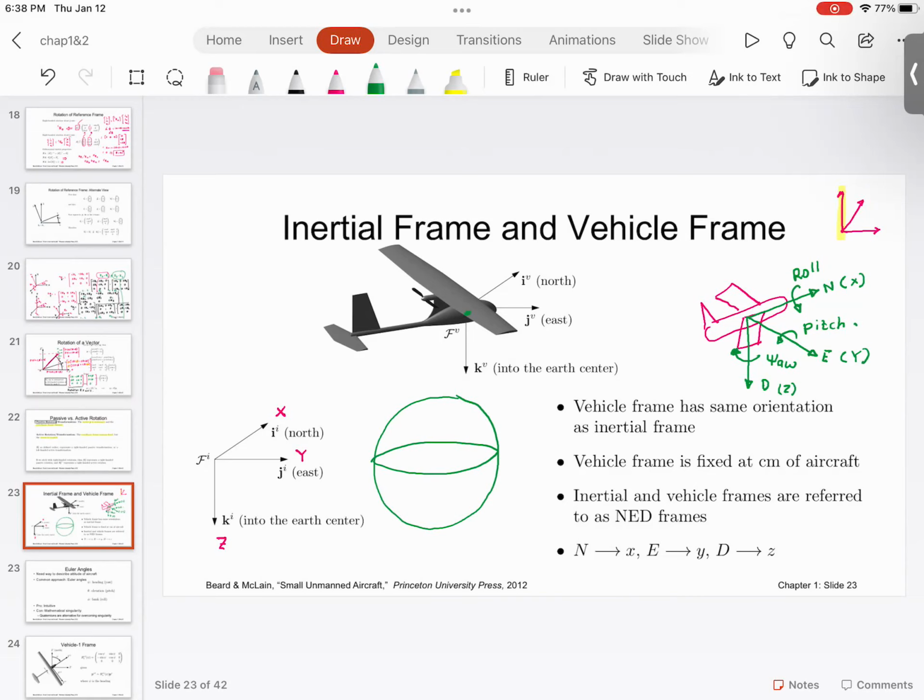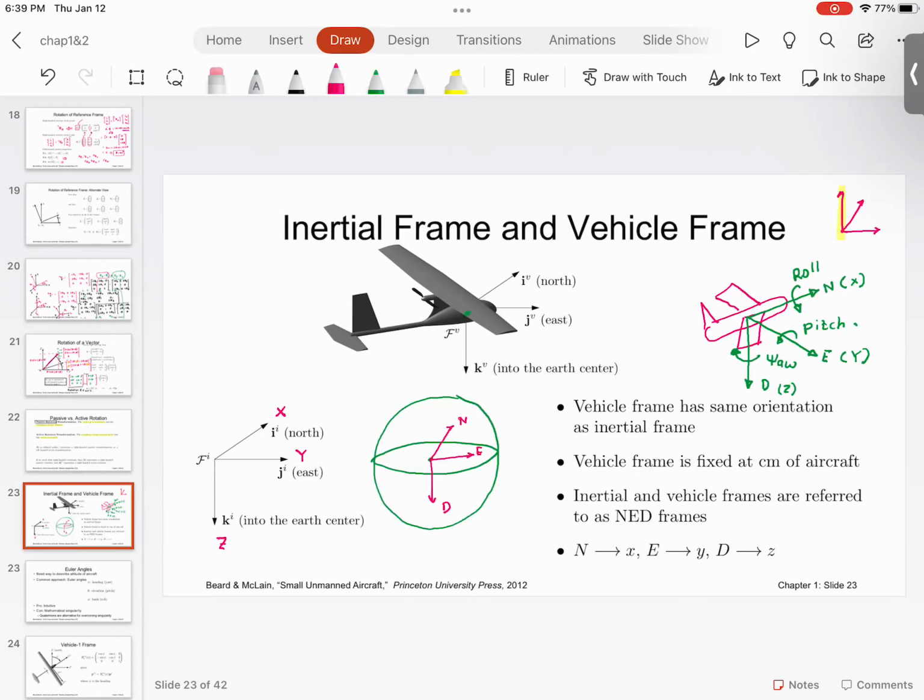So the inertial frame will be Earth fixed, Earth centered, which means you have this Earth and there is this frame, and this will be our inertial frame. So this will have one north, one east, and one down. So this will be N, E, D.